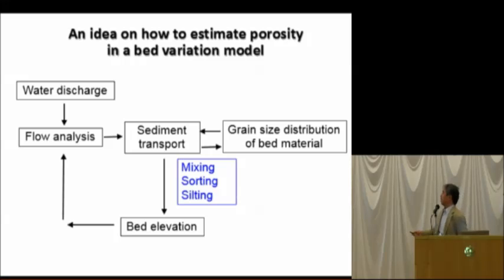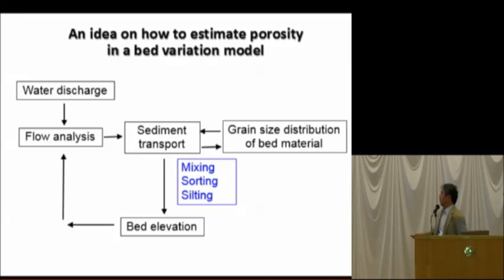Okay, this is our idea on how to estimate porosity in the bed variation model. This is a standard flow of the bed variation, starting at the flow analysis, and then we calculate sediment transport, and also we calculate the grain size distribution of bed material.